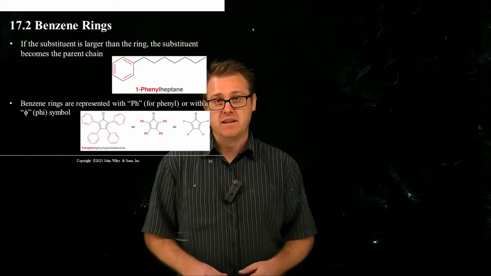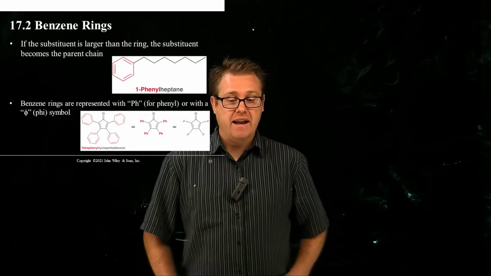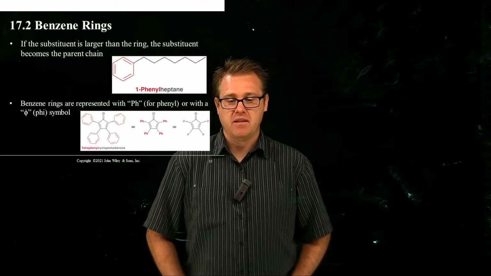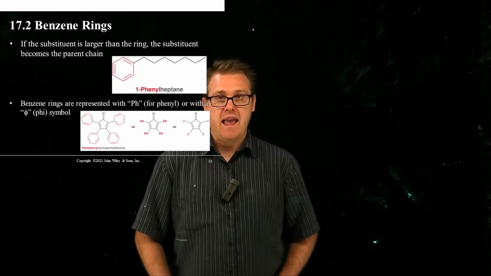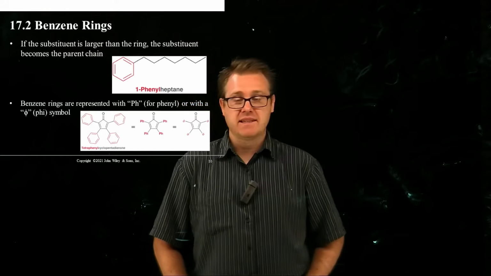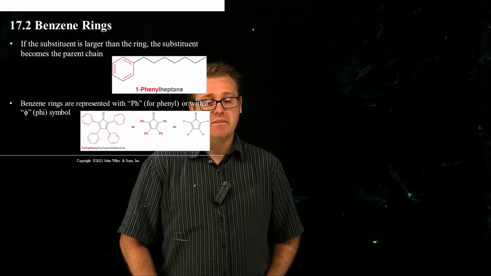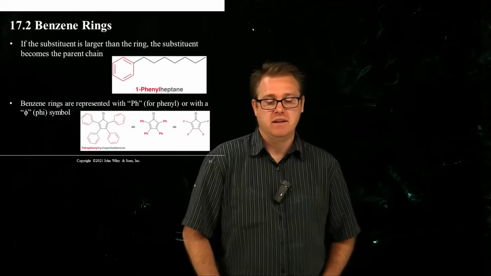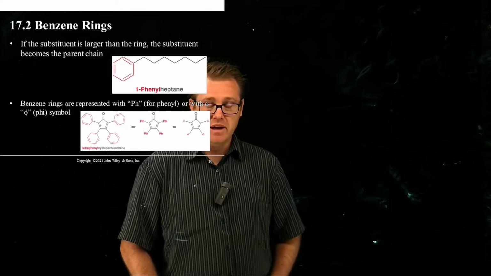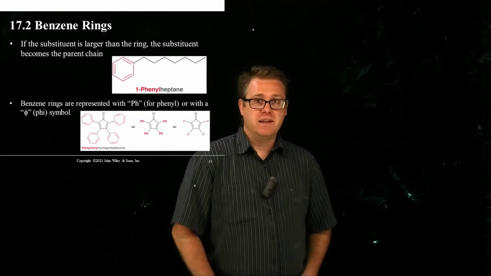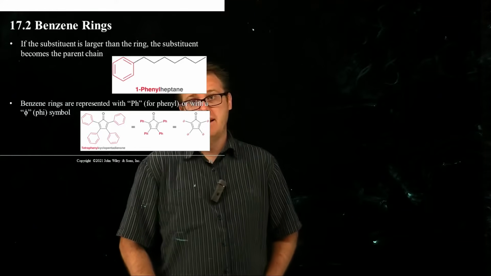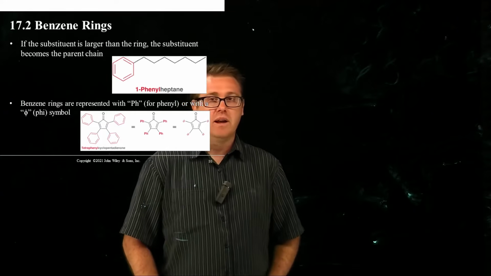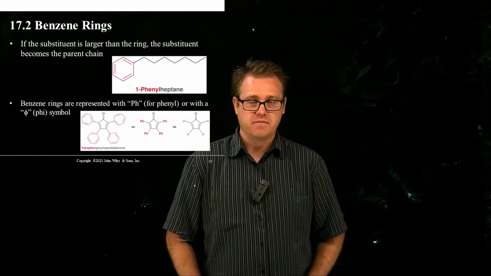In this case, because that black carbon chain is larger than the benzene ring, that's going to take the parent name. And when you have an alkyl chain with 7, the parent name is called heptane. And then what is attached to that parent chain? We have the benzene ring. But when the benzene ring isn't the parent name and it's a substituent, we call it a phenyl group.